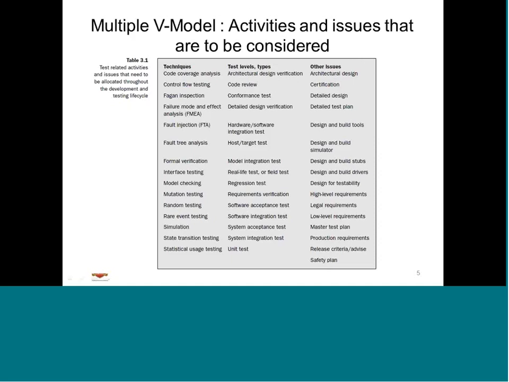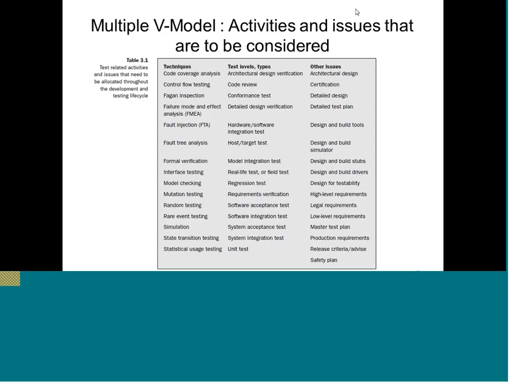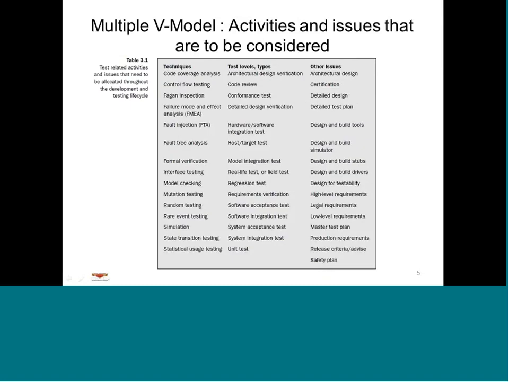Techniques. So what are the techniques that should be considered for the multiple V model? This is specific to the multiple V model. Code coverage analysis, control flow testing, inspection, failure mode and effect analysis, also called FMEA, fault injection, fault tree analysis, formal verification, interface testing, model checking, mutation testing, random testing, rare event testing, simulation, state transition testing, statistical usage testing.